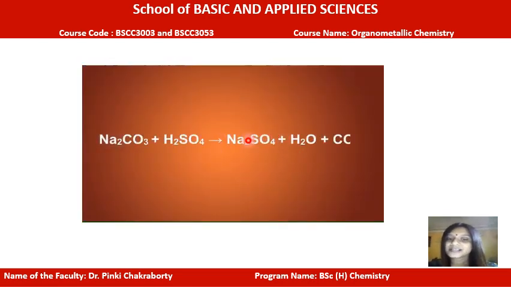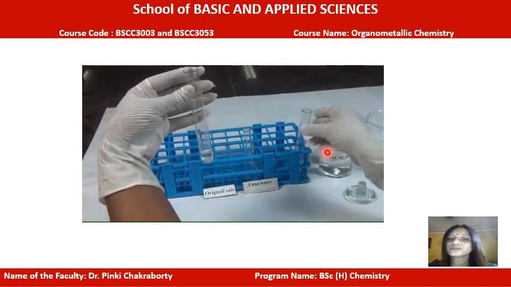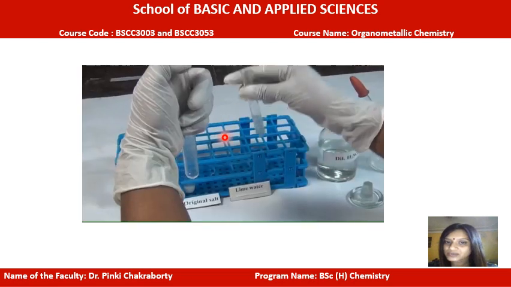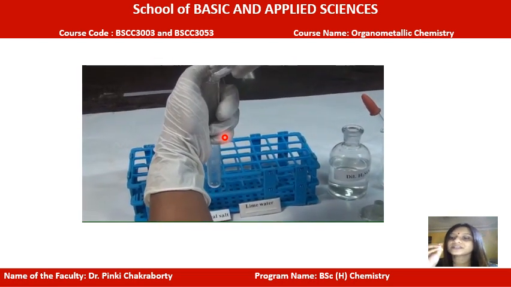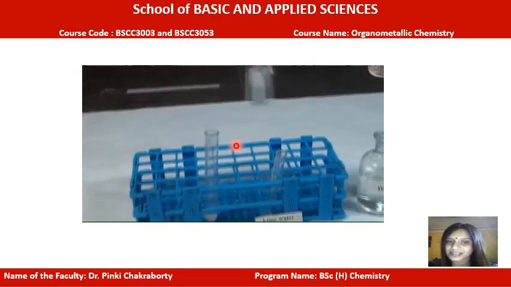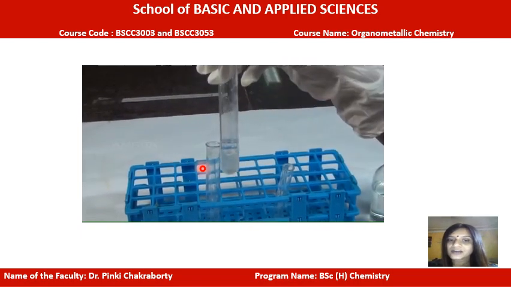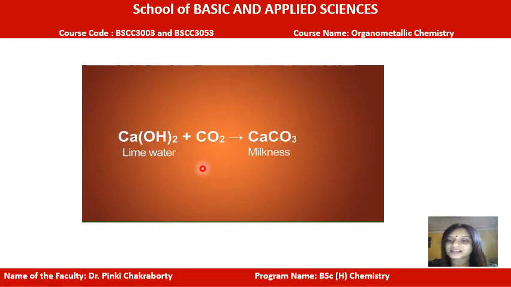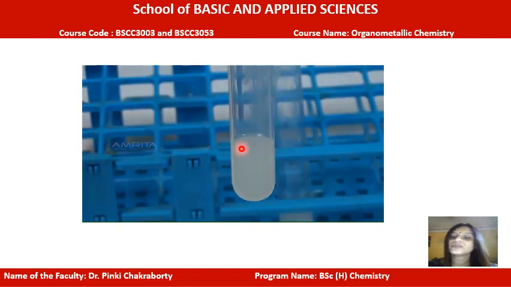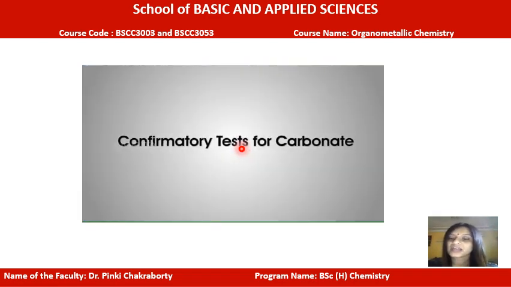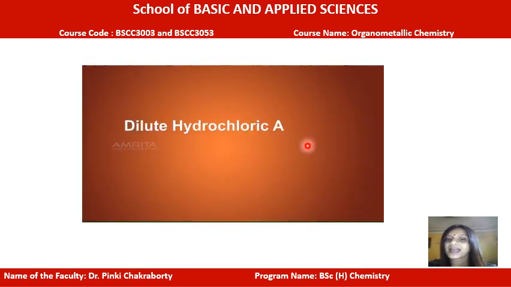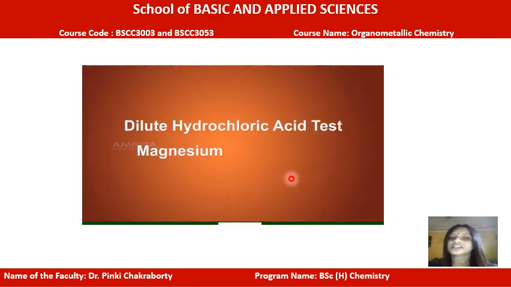The acid decomposes the carbonate anion so that carbon dioxide gas is liberated, visible as very light effervescence in the test tube. We put another tube to collect the gas, as we did in the previous preliminary test. Then to that gas we add lime water, and the lime water turns milky because of the presence of carbon dioxide. This milkiness is calcium carbonate.